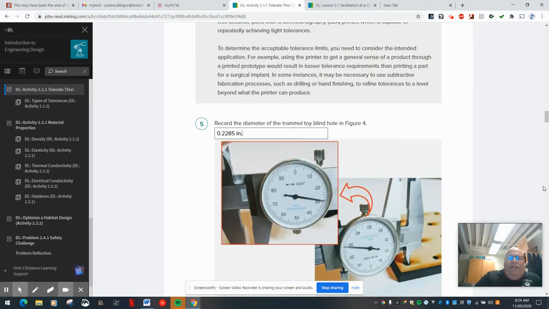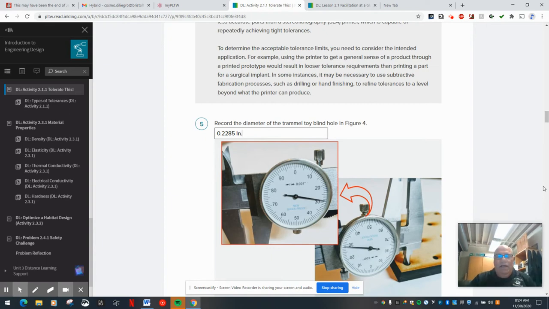Initially, I said that was 0.229, but I looked at it a little closer and it's not quite on the nine. So I would call it 0.2285 or 87. Close enough.